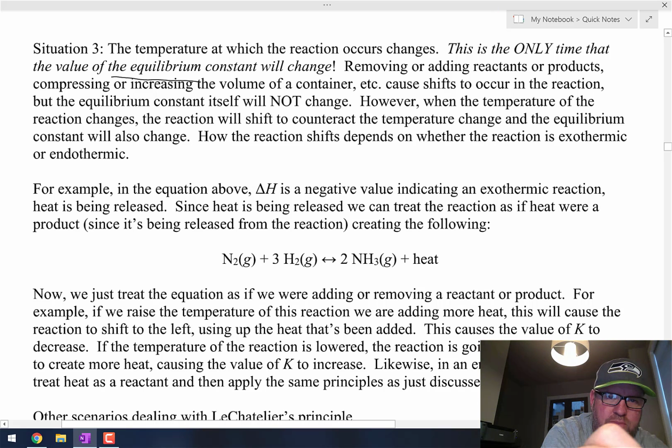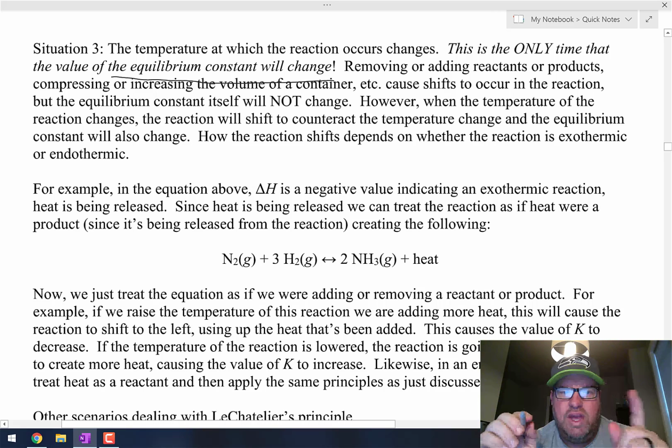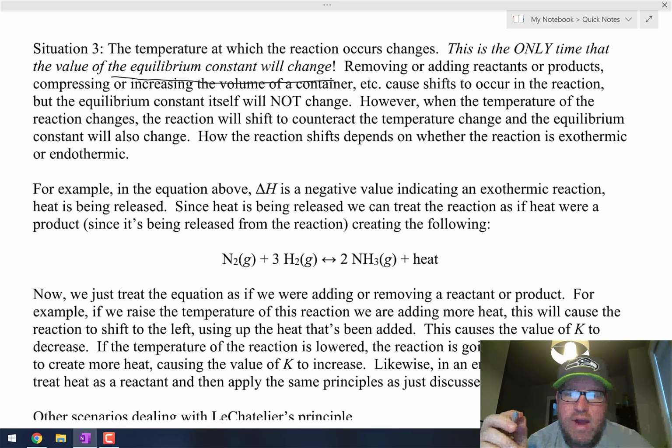Removing or adding products or reactants, compressing or increasing the volume of a container cause shifts to occur, but the equilibrium constant itself doesn't change. However, when the temperature of the reaction changes, the reaction is going to shift to counteract the temperature change. And again, in this case only, the equilibrium constant value will change.